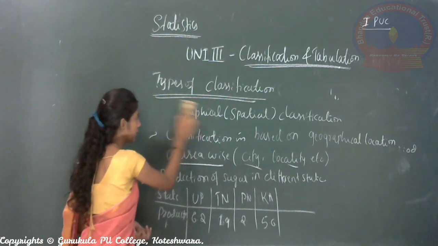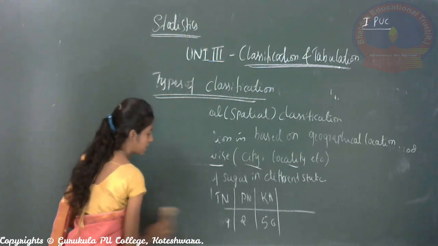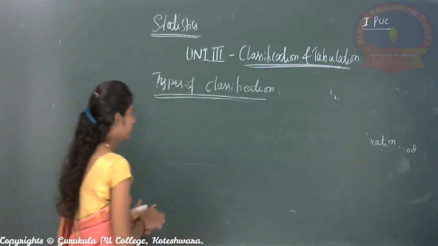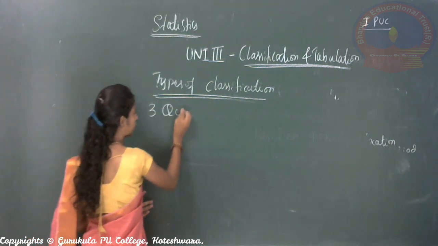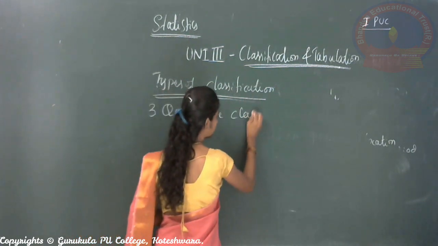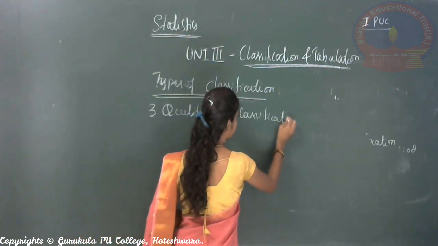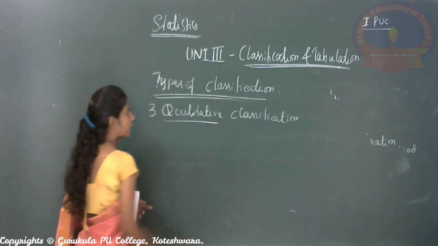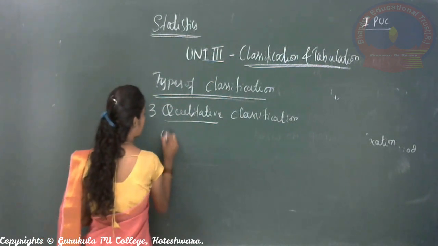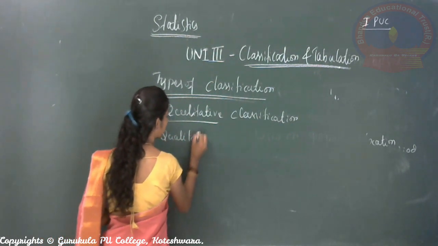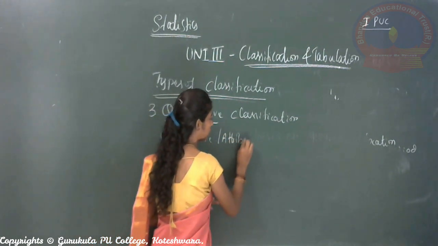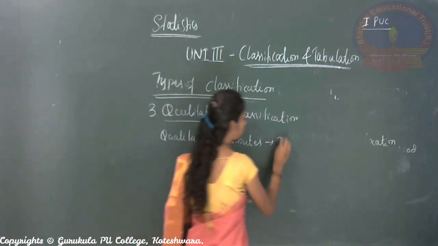Next, the third one is qualitative classification. First of all, you should know what is meant by qualitative or attributes: they are not measurable things.